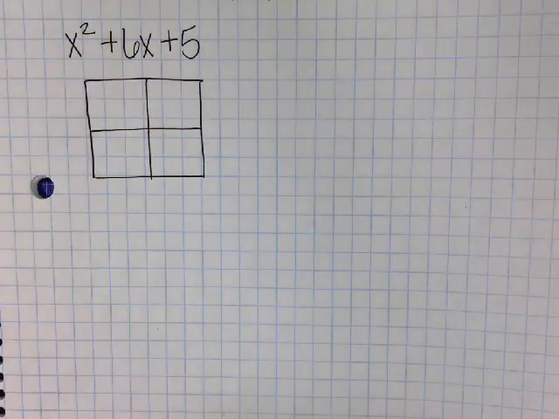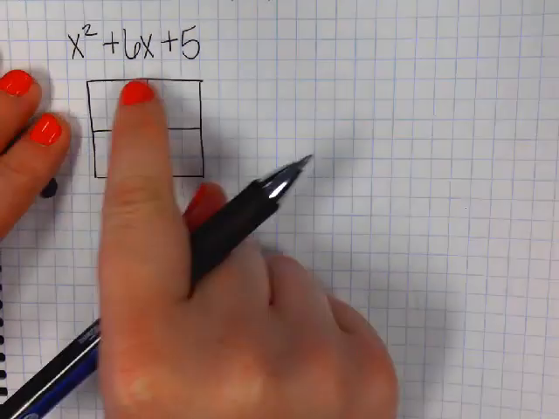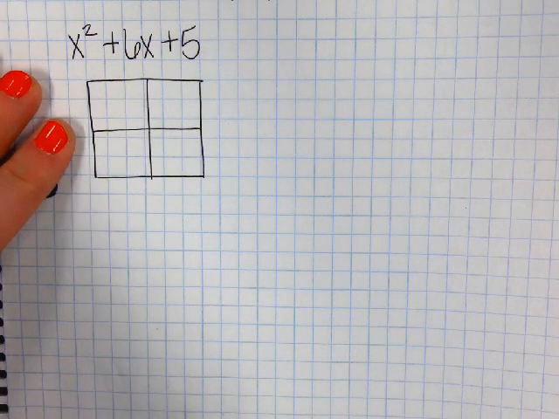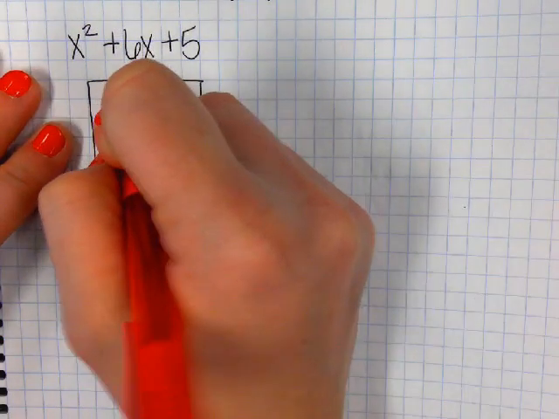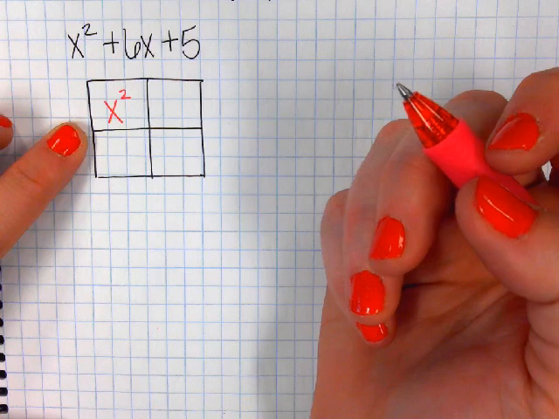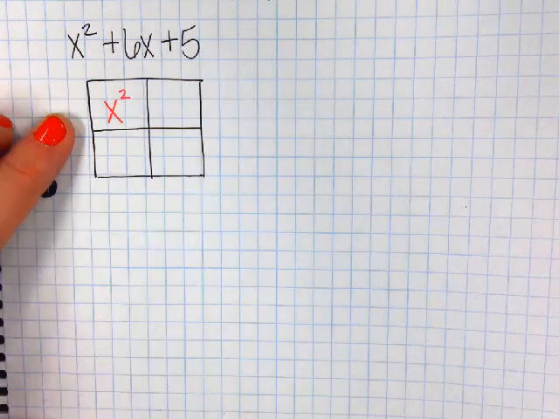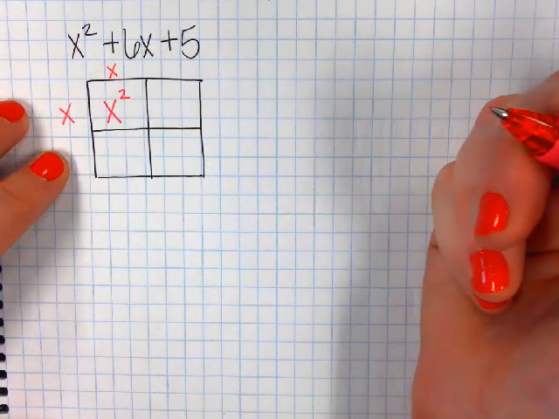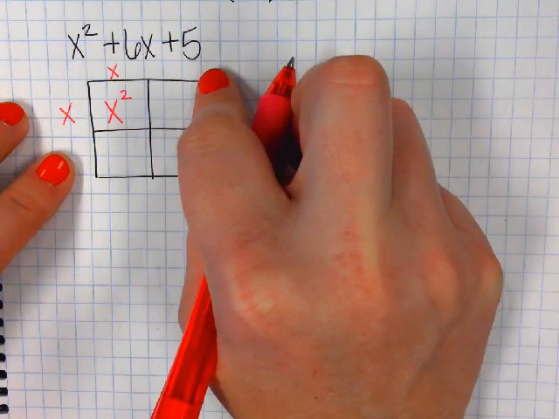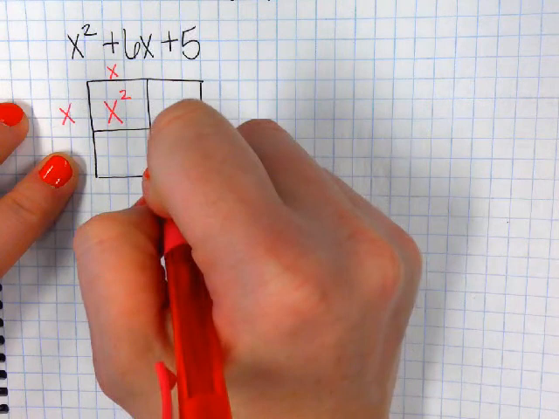So when we do this, remember the x squared was in this first box. What multiplies to get an x squared? It would be x times x. And then the 5 goes in the last box.